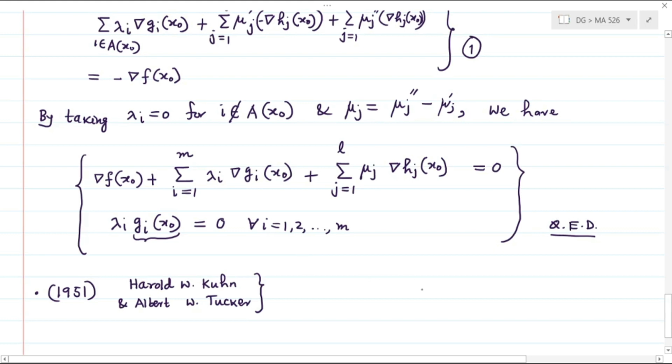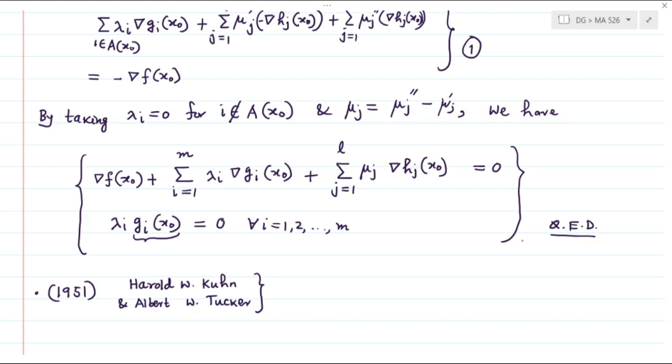Why is Karush's name appended? Before the appearance of this Karush-Kuhn-Tucker result, before this necessary optimality condition, only the Lagrange multiplier rule was known. The Lagrange multiplier rule is applicable only for constrained optimization problems where the constraints are given by equality restrictions, that we all have learned in our calculus course.